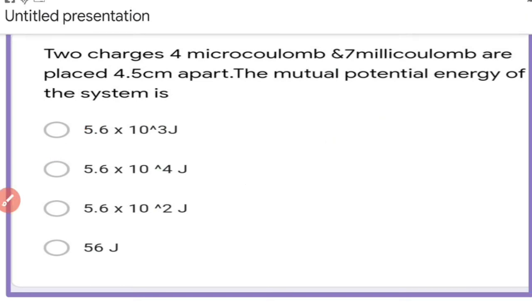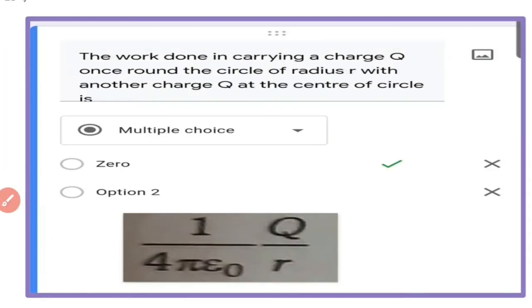Now going to the next question. Work done in carrying a charge Q once round the circle of radius R with another charge Q at the center of the circle is. Okay, so at the center of a circle you have a charge. And work done in carrying another charge Q once round the circle of radius R. So the other charge is at the center.